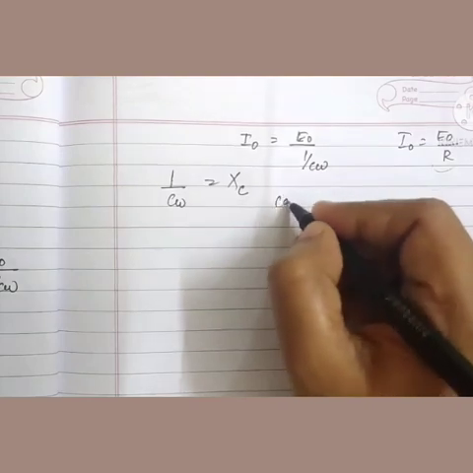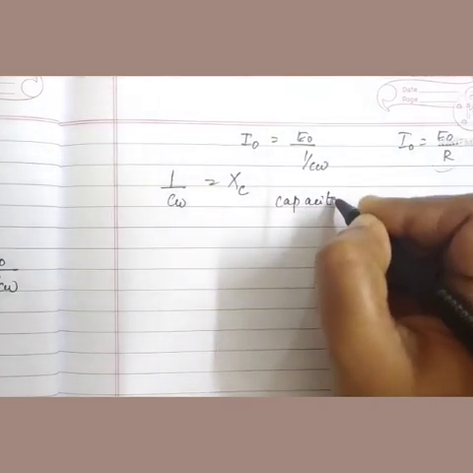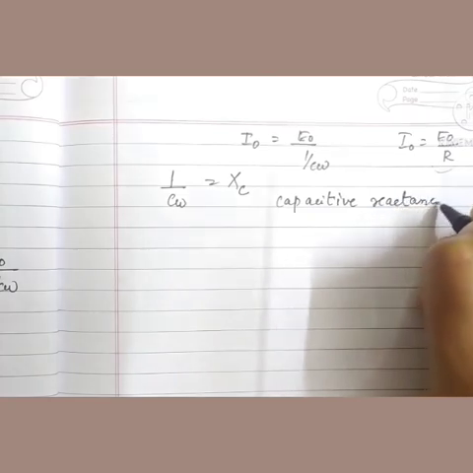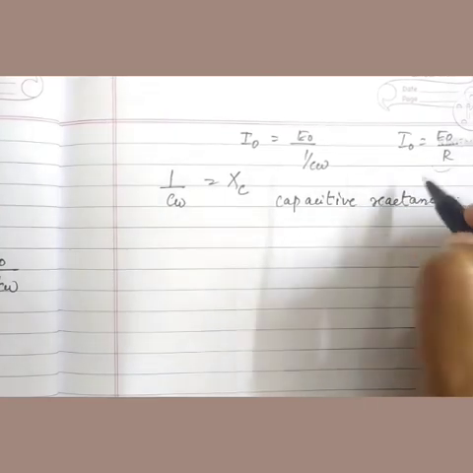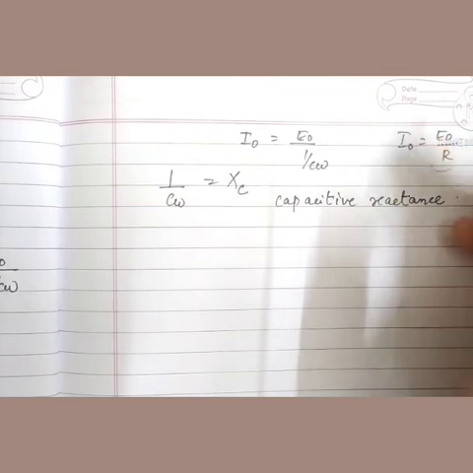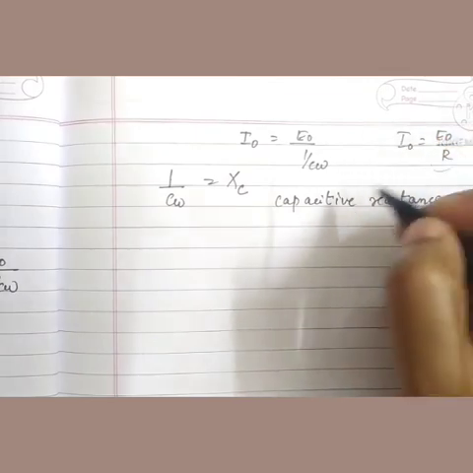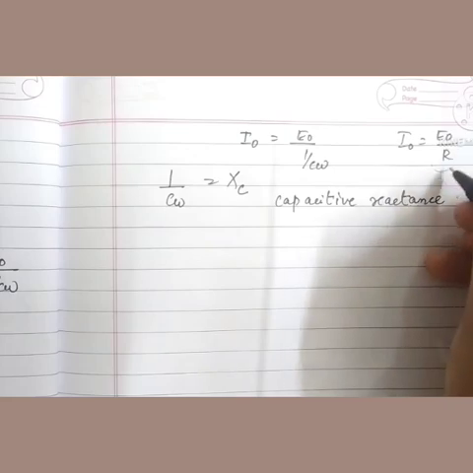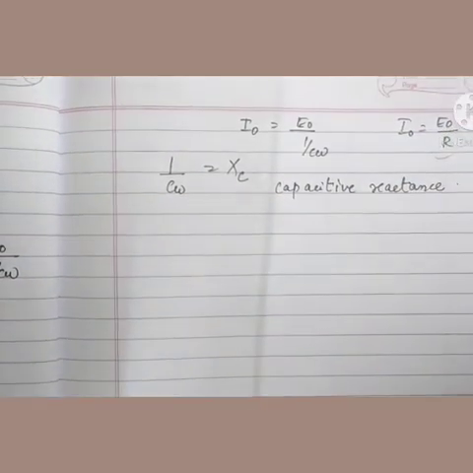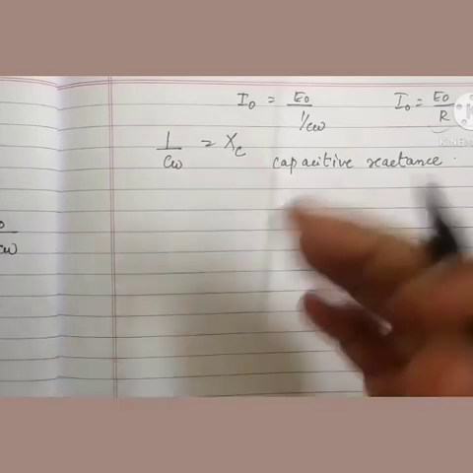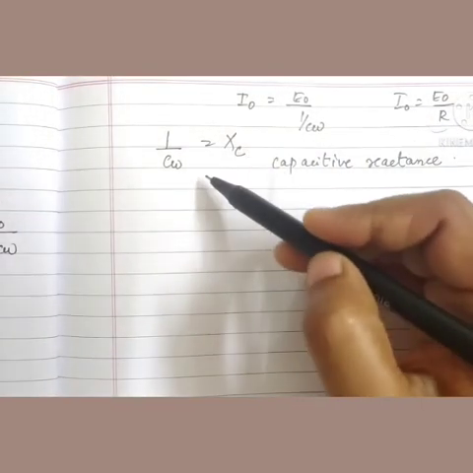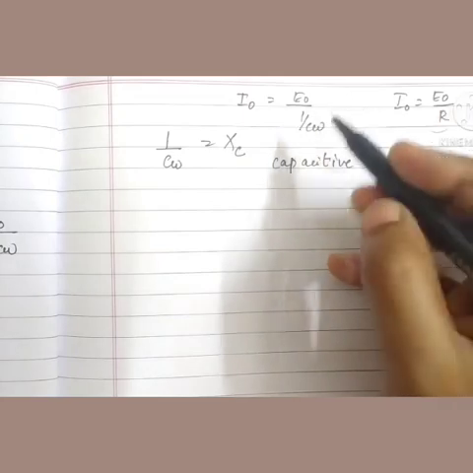And the name is capacitive reactance. The opposing nature of capacitor to the flow of alternating current is called capacitive reactance. Okay, the same as that of resistance in a purely resistive circuit. And the dimension will be same as that of resistance. Then the unit is ohm itself.